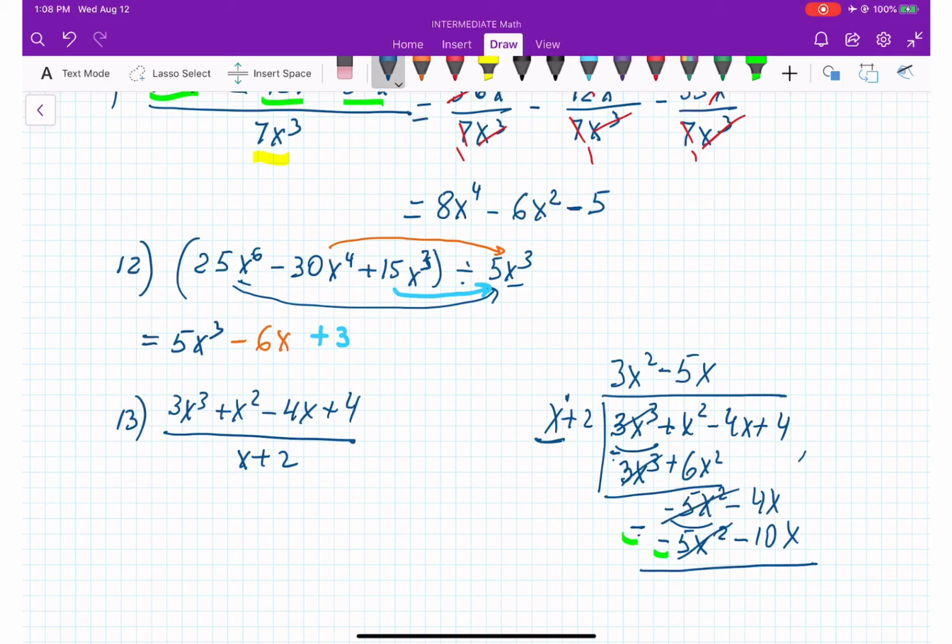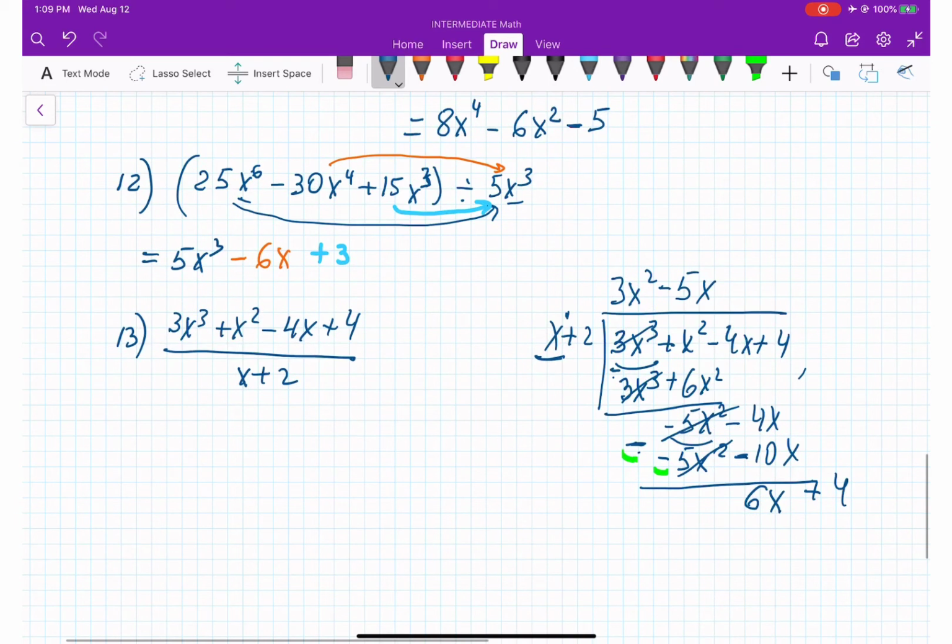And negative 4x minus negative 10x, which means negative 4x plus 10x, because negative is positive, we are getting positive 6x. And bringing down plus 4. So 6x divided by x is going to be 6. We are getting 6x plus 12.